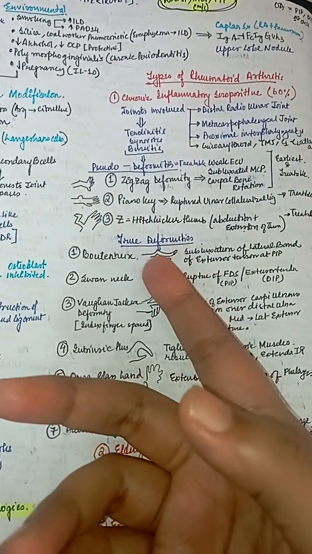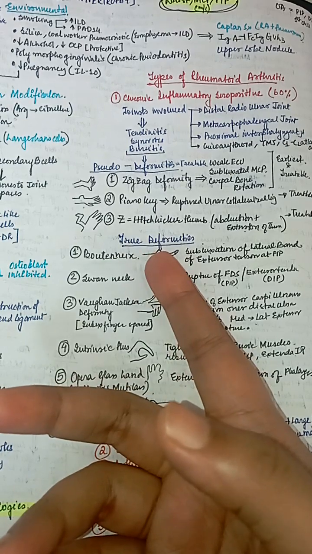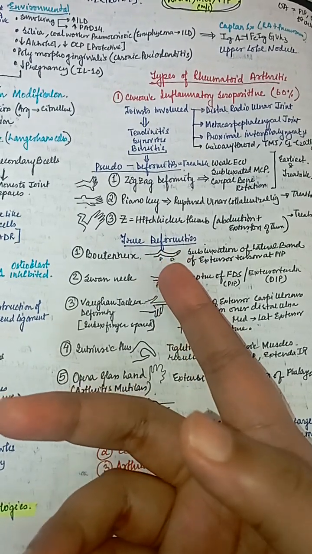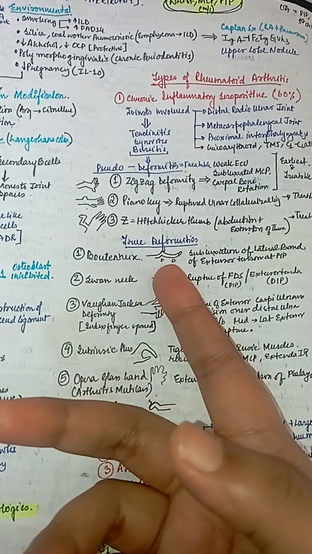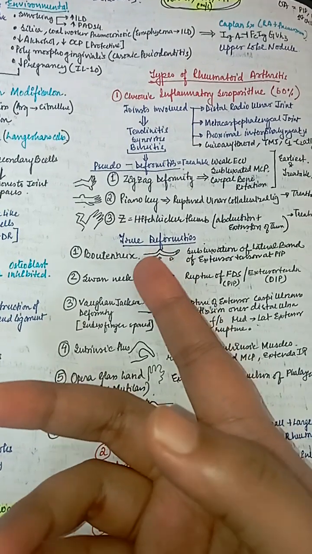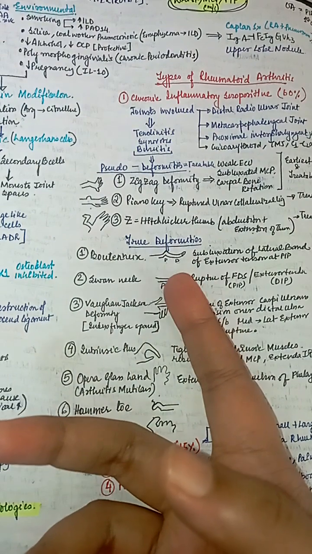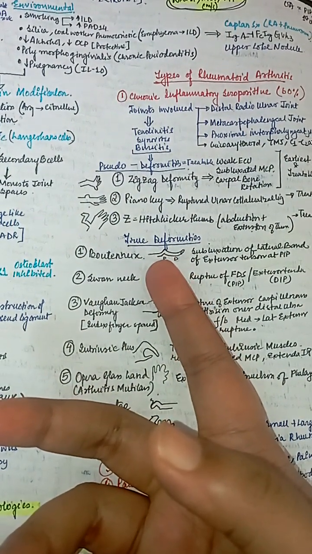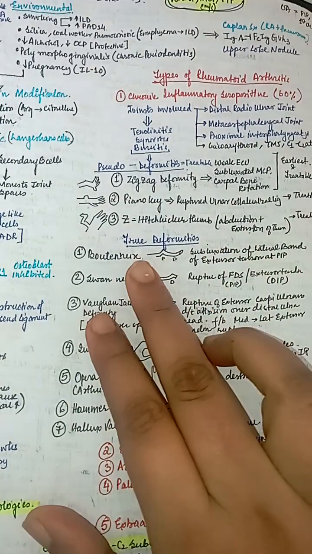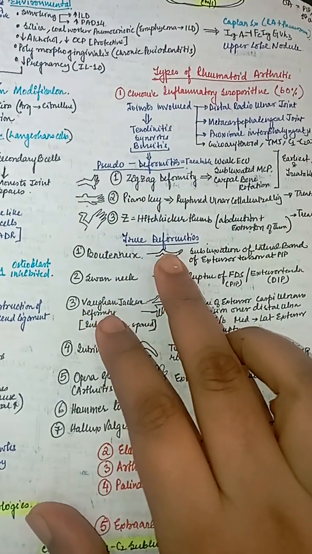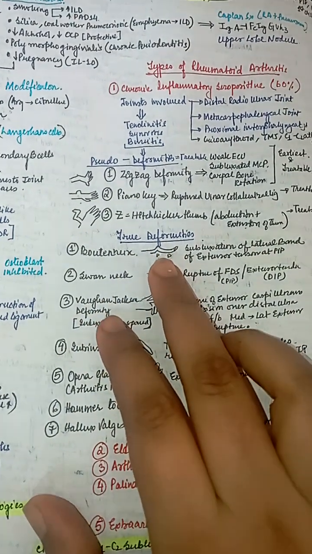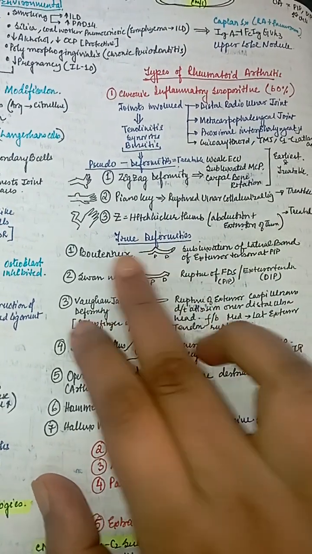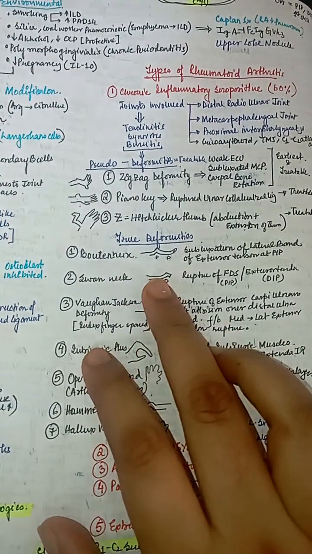In Boutonniere's, it is not the ulnar collateral; the lateral band of the extensor tendon at the PIP is subluxated, causing Boutonniere's deformity.